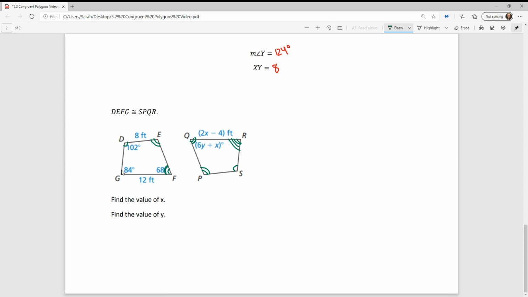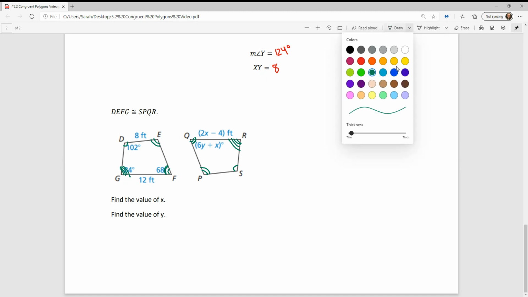Alrighty. And then we can see that we need to find the value of x, find the value of y. So first, look at what you need to be able to do first. This expression for the angle has y and x in it, which means we'll have to find x first in order to be able to figure out y. The expression with the length here, 2x minus 4, has only an x in it.